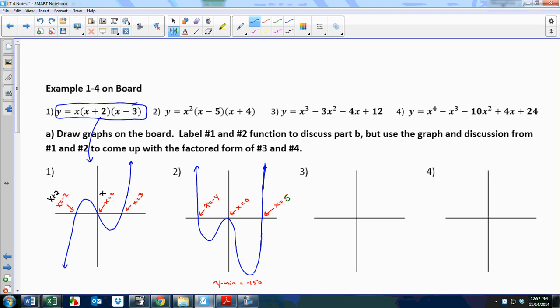And the last one, x equals 3, that would be associated with the linear factor x minus 3. Can you see the connection to what was graphed? There's your x plus 2. There's your x. There's your x minus 3.